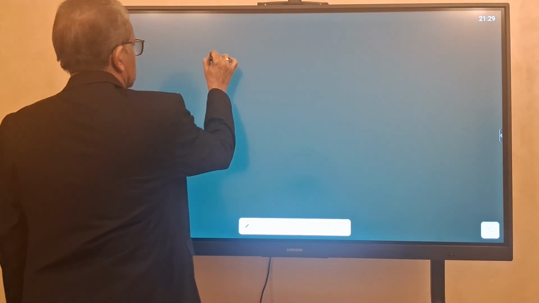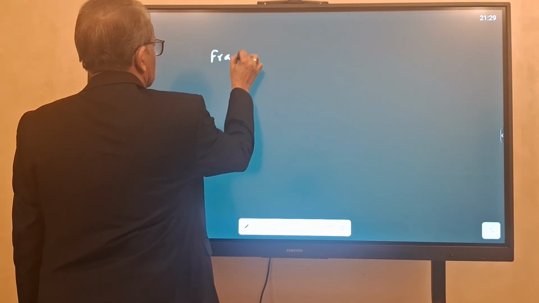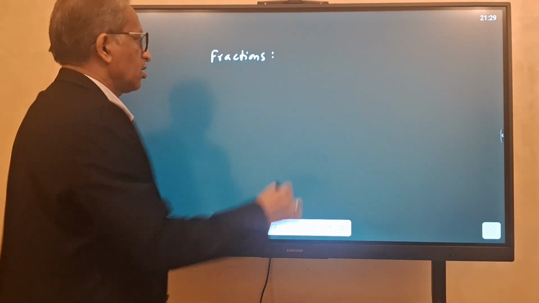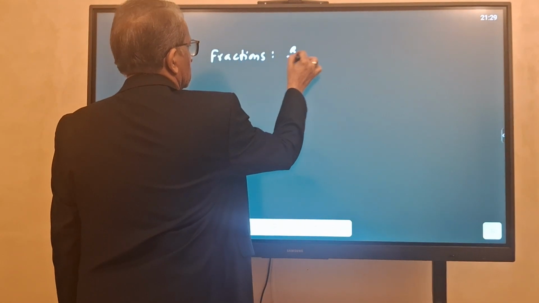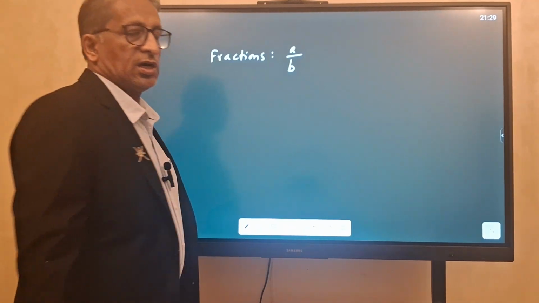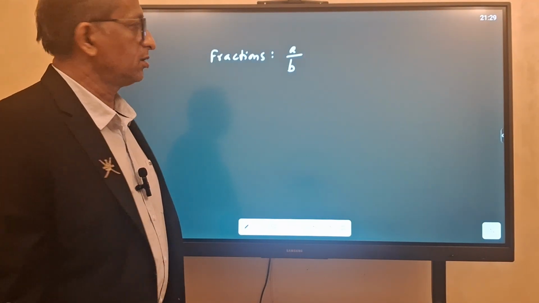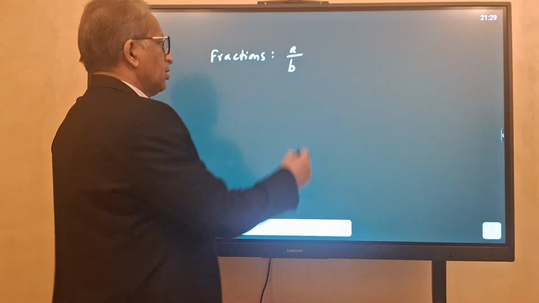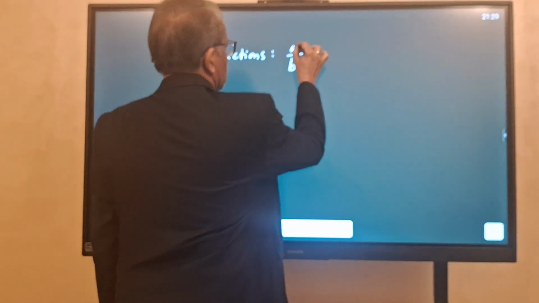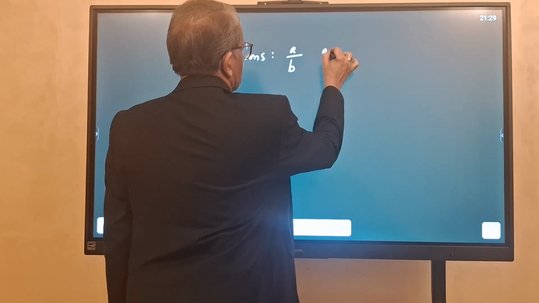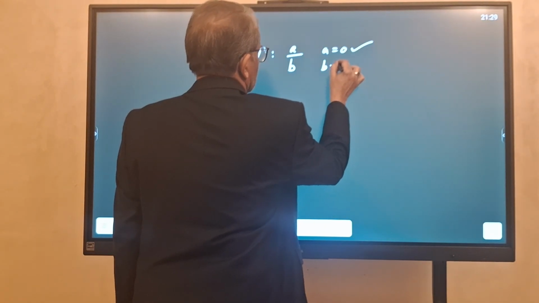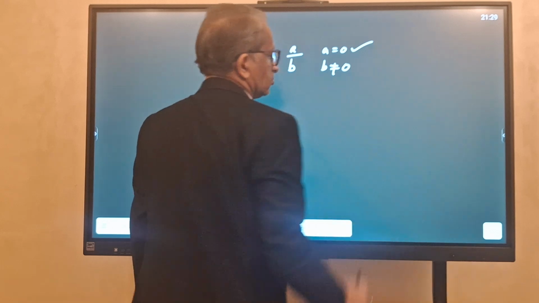What are fractions? The fractions are of this type, a by b, where a, b are real numbers. A divided by b, except one condition: a can be 0, no issue at all, but b should not be 0.